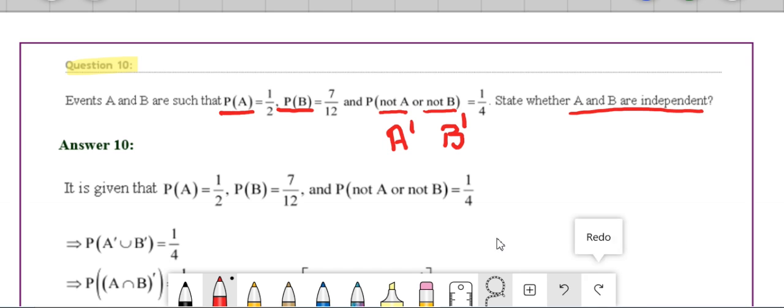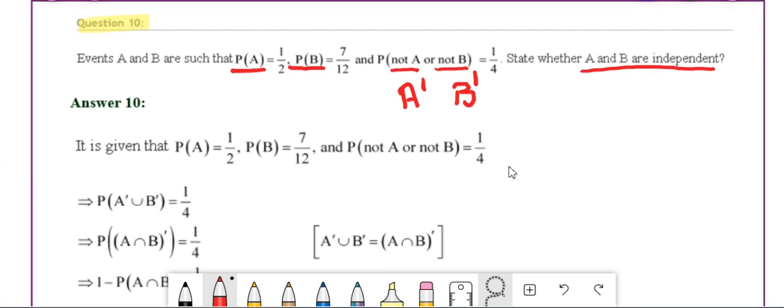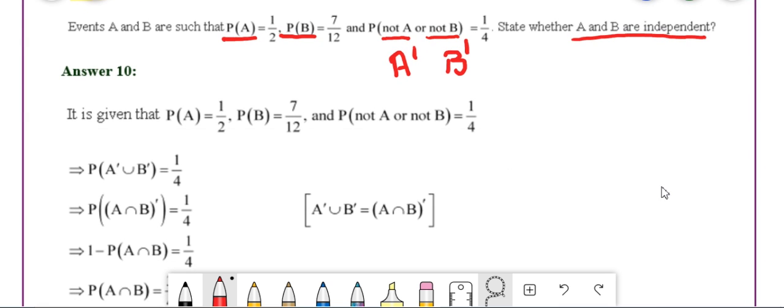First of all, what is the meaning of, or how to find out, not A or not B? That is available, P is 1 upon 4. Alright, this is given. Now what does it mean? It means P of A prime union B prime is available.